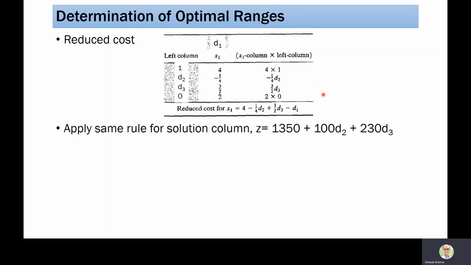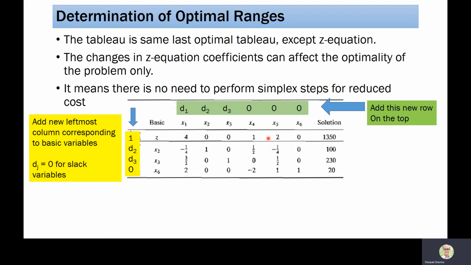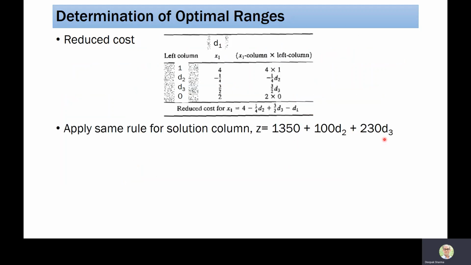Apply the same rule for the solution Z. Instead of this, I can have a Z column, and I can find 1350 plus 100 D2 and 230 D3.